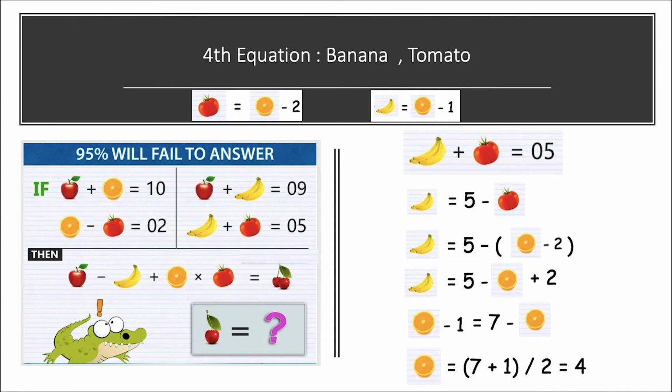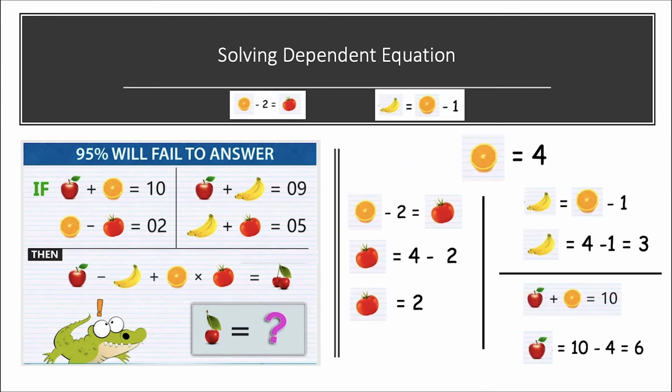So from the fourth equation we have found out the value of orange, that is equal to 4. Now once we have the value of orange, we can put it in our equations and find out the values of the remaining items. If orange is equal to 4, then orange minus 2 was equal to tomato, so tomato would be equal to 4 minus 2, that is equal to 2.